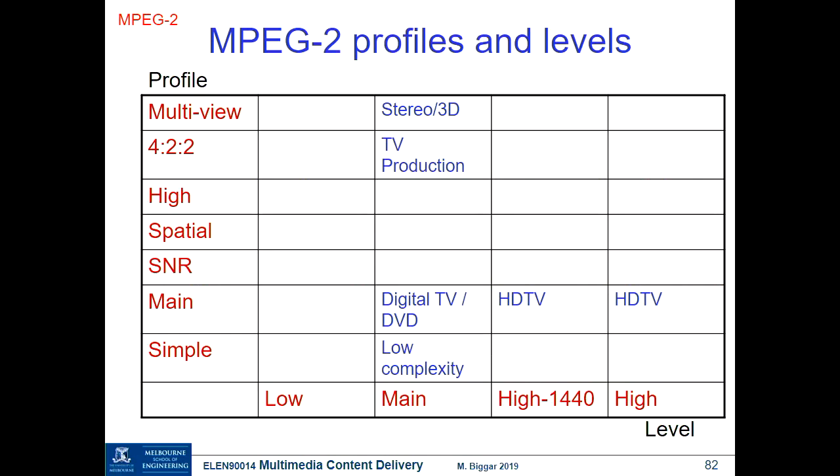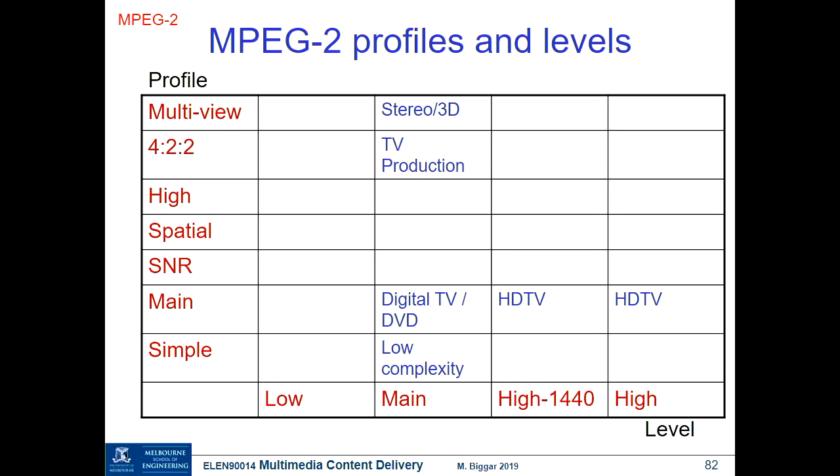And then for, say, conventional TV broadcasting using HD, I want this, main profile, high level. And for TV production, maybe I want 422 profile and main level, or some other combination. Does that make sense? Yeah?